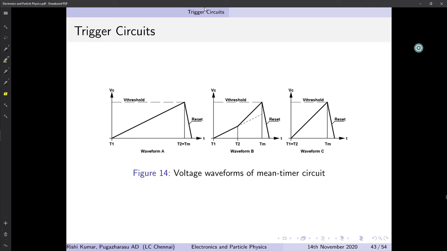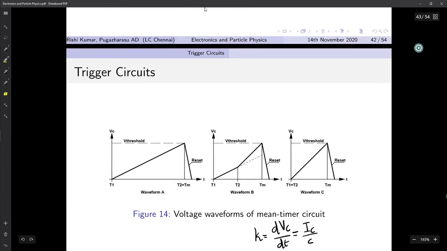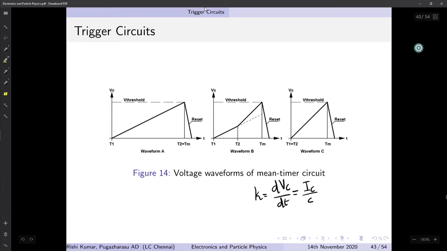So if you would like to call K the corresponding slope of the current of one generator, K is given by dVc by dt, and if you simplify this expression, you will just get this, because you just sub in for Vc here. Vc you differentiate it, the T vanishes, and you just get IC by C.